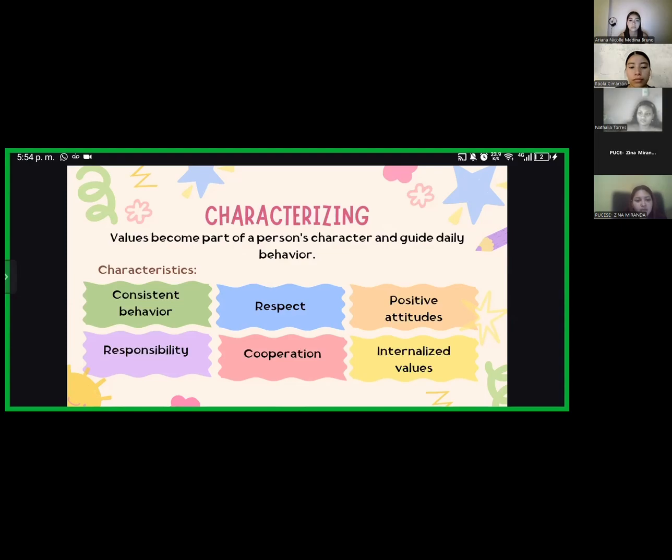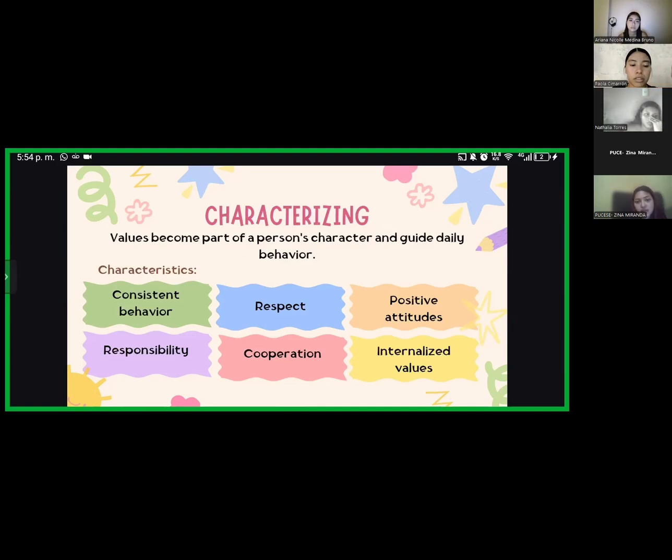Organizing versus characterizing. It is also important to understand the difference between organizing and characterizing. At the organizing level, students begin to compare different values, prioritize them, and create their own value systems.